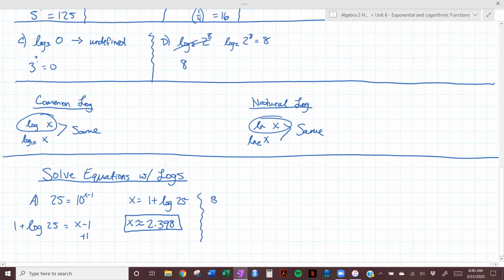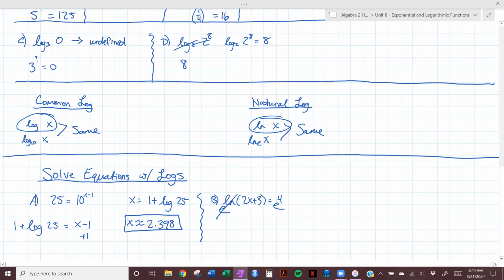And then for letter B, we have the natural log of 2x plus 3 equals 4. How do we get rid of a natural log? We have to use base e. So it's going to be e to the natural log of 2x plus 3 equals e to the 4th.